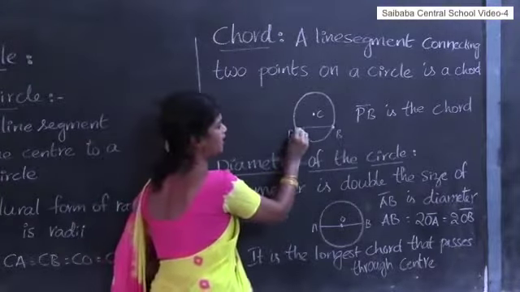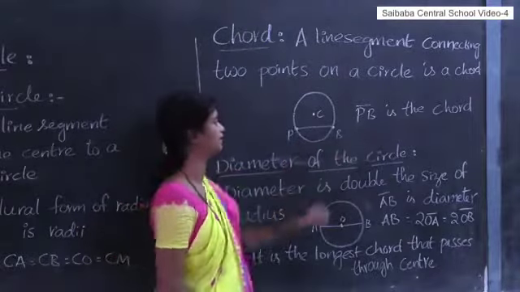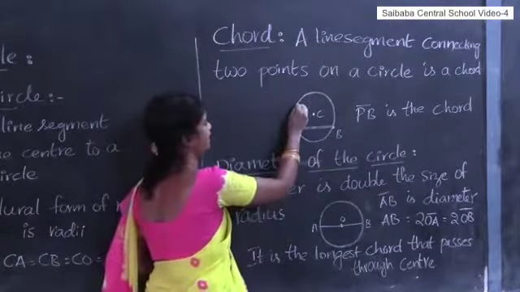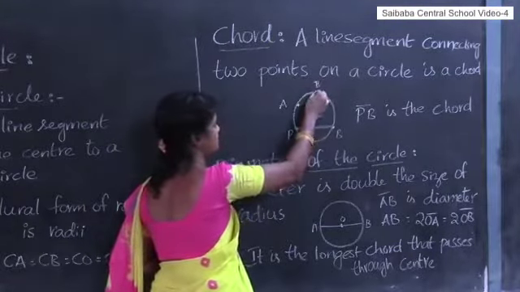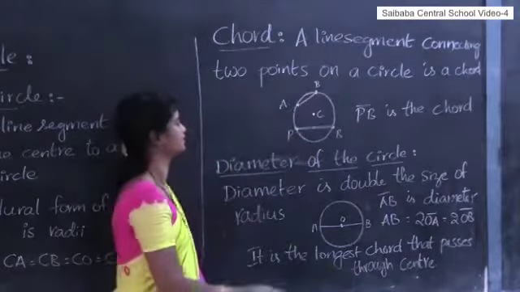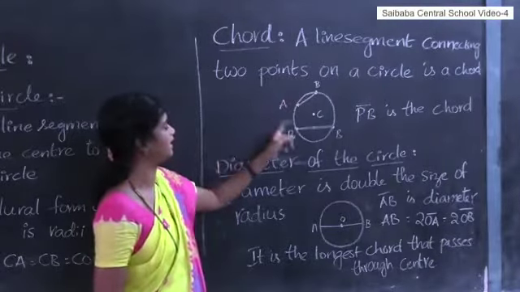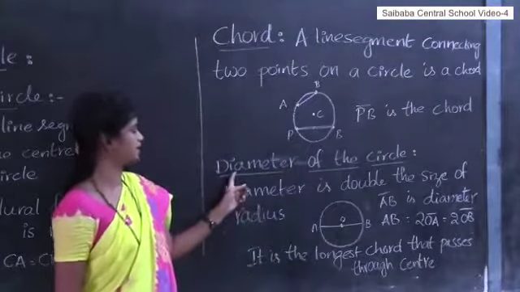The line joining these two points is called the chord. Here PB is the chord. If I take A and B, this also is a chord. So a chord means the line segment connecting two points on the circle.